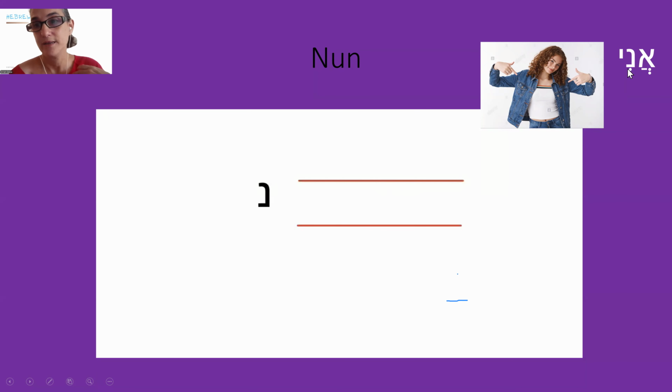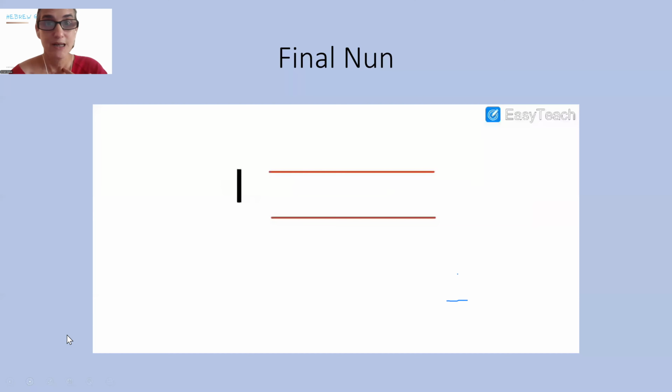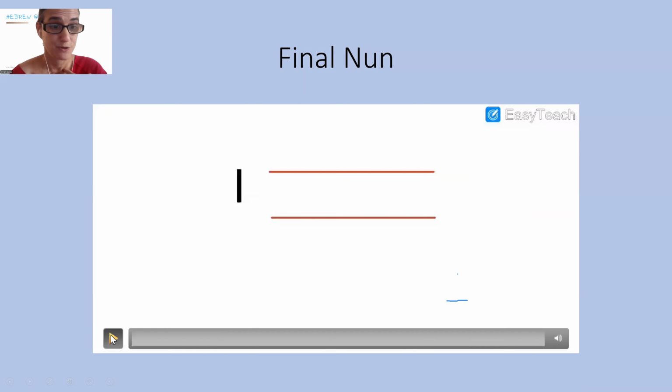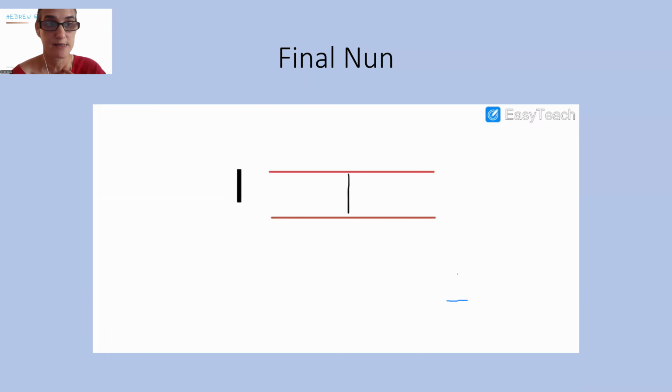And we have found it in ani, okay? And the noon has a final noon. Final noon is simply a long vertical line, very easy. Just a long vertical line, both in print and script, we will see it this way. That's the noon.